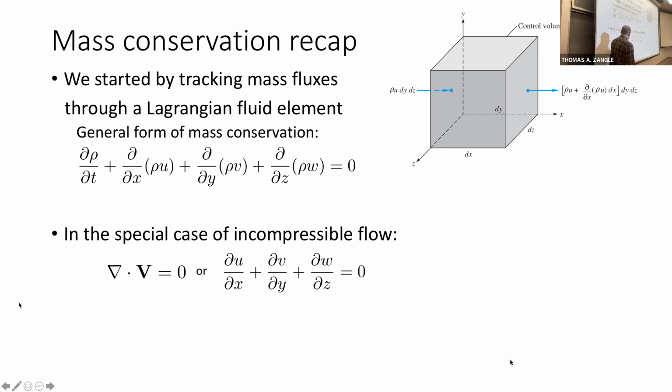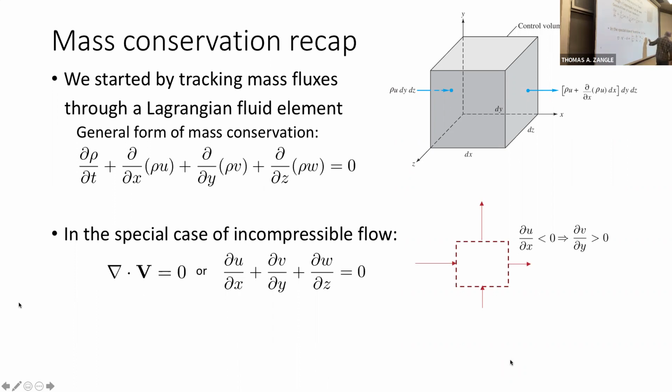This del dot v operator in Cartesian coordinates means we're taking the x derivative of the x component of velocity, adding the y derivative of the y component of velocity, and then adding the z derivative of the z component of velocity. So let's just consider a 2-dimensional flow where all we have is flow in x and y. Let's say this term dw/dz is 0.